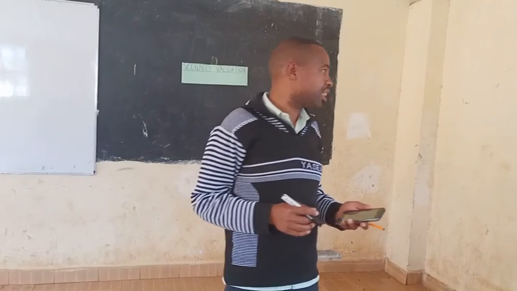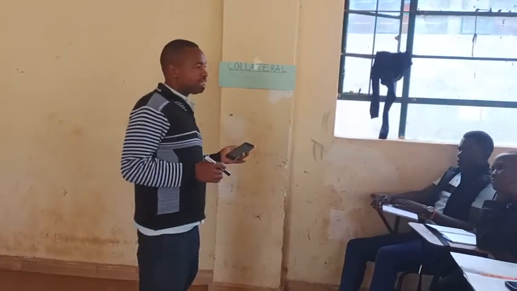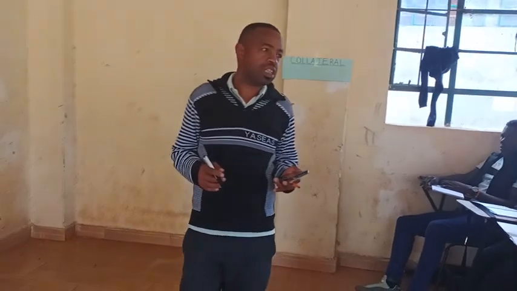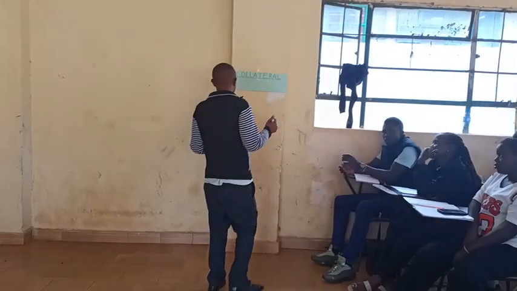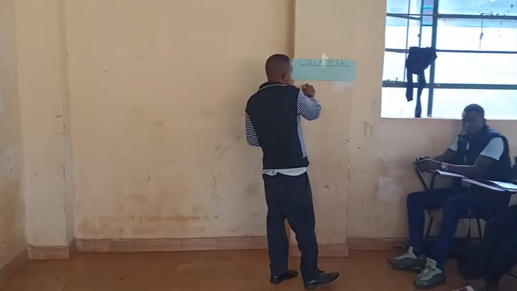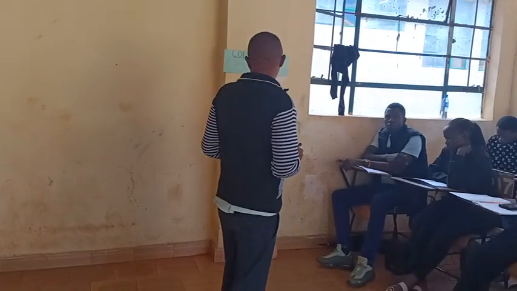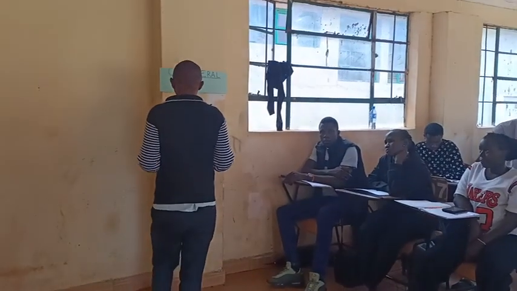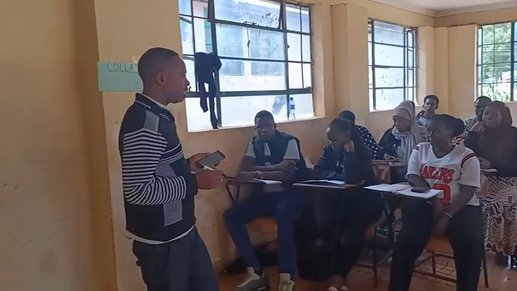Very correct. We already distinguished between tangible and intangible collaterals, and we gave examples. I don't want to go back to that. It is an asset used by a borrower as a security to a loan. Very much correct. It is an asset that a borrower offers to the lender to act as a security for a loan.